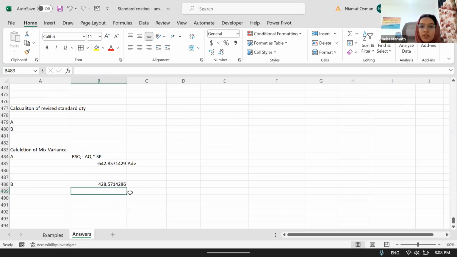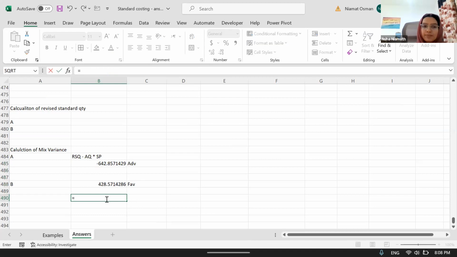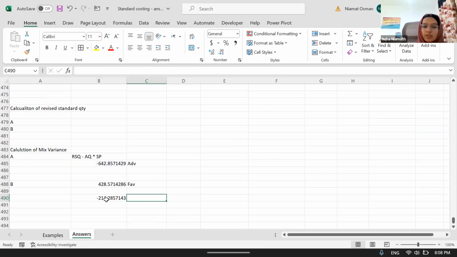Neetu says favorable, Atira says favorable, and yes, it is favorable. So the total comes to 214 adverse. Okay, that is our final answer. 214 adverse.